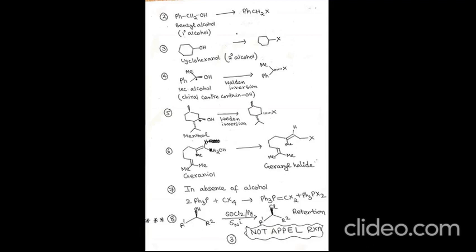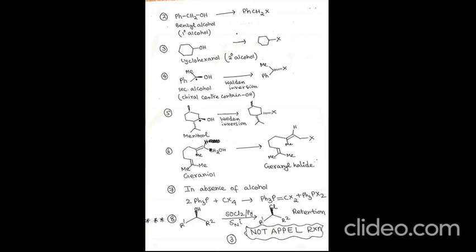Now coming to another complementary reaction of the Appel reaction, suppose we want to convert one chiral alcohol to the halide with retention of configuration. In that case it is clear that the Appel reaction will be of no use, because the Appel reaction proceeds through inversion of configuration at the OH-bearing chiral center.